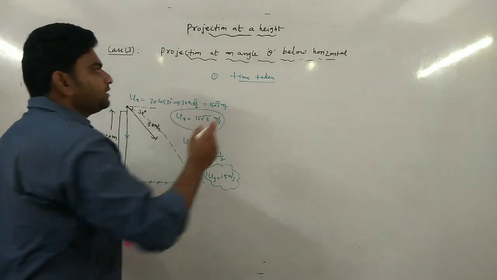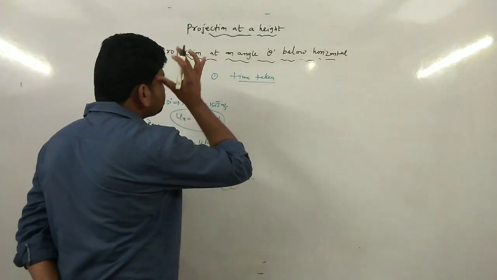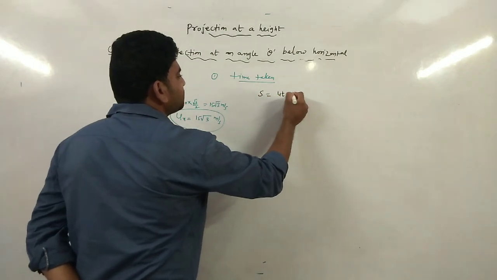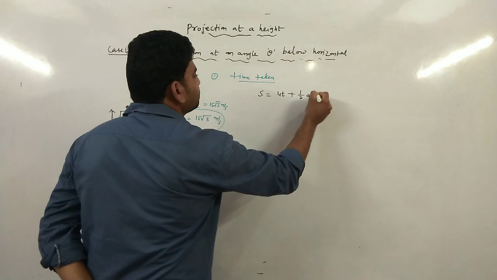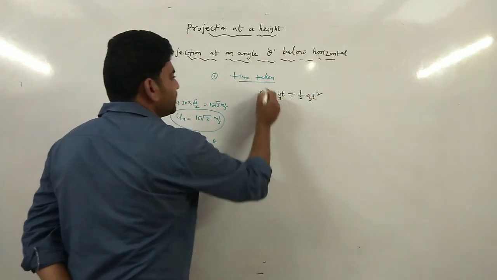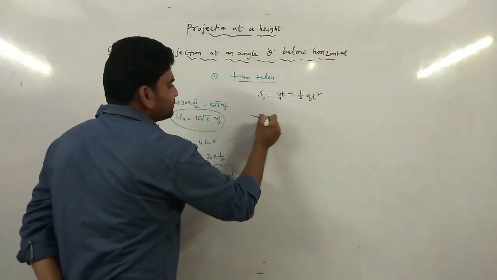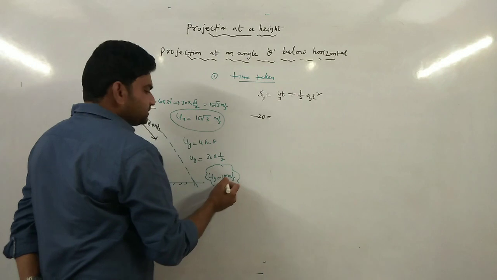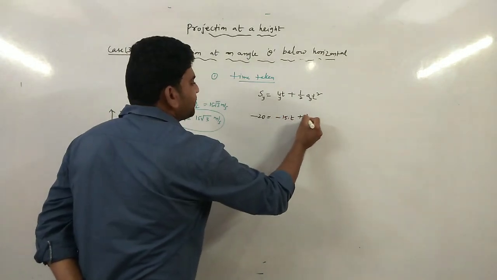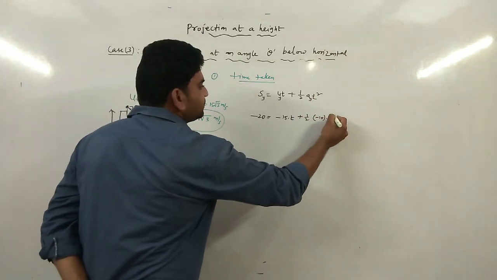So my aim is what? Time taken we are supposed to calculate. So for that, what I am doing is using the equation s equals ut plus half at square along the vertical direction, y direction. So Sy is nothing but minus 20 here. So minus 20 equals Uy, Uy is nothing but minus 15, into t plus 1 by 2 into ay, I am considering it as minus 10, into t square.